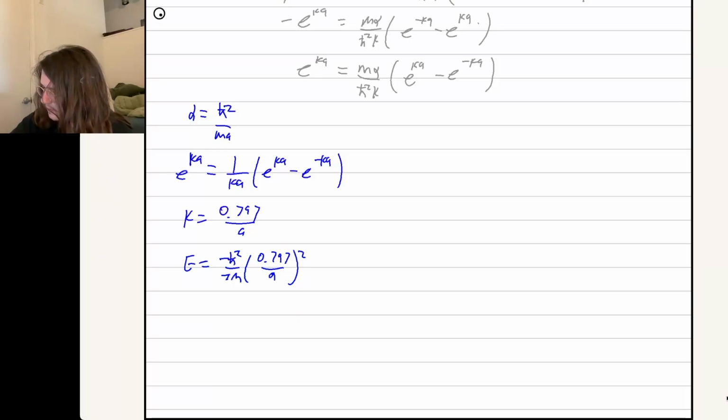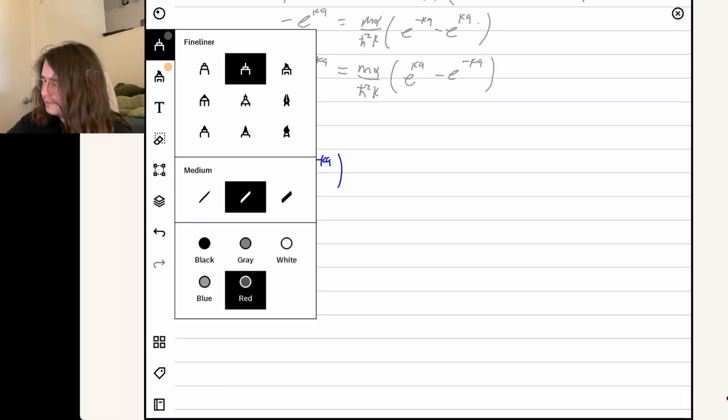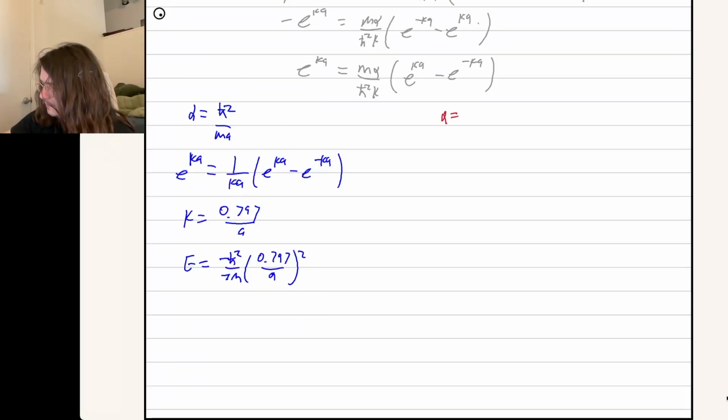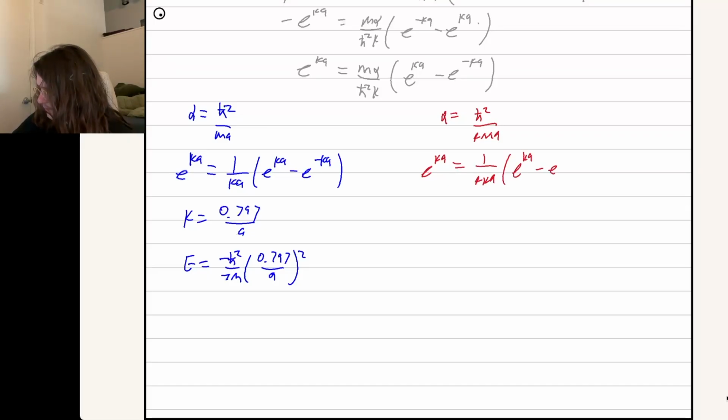And then if we use the other value of alpha that Griffiths provides, we get h bar squared over 4ma. We get e to the ka equals 1 over 4ka times e to the ka minus e to the minus ka. And we get that k in this case is actually negative, which is really crazy. We have minus 0.628 over a.